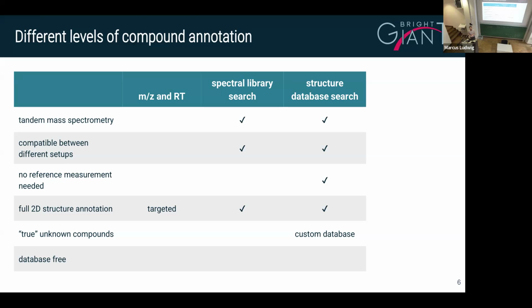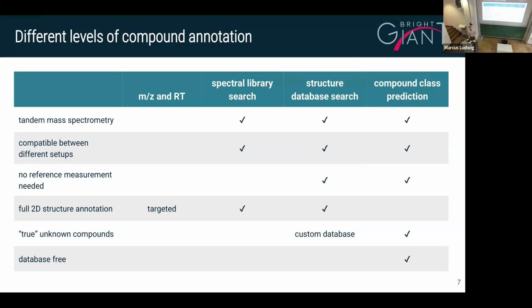And what we can also do is use custom structure databases. If you just have a structure in mind and you can draw it on a piece of paper, we can try to search it, because we just need a structure representation. And then I was talking about compound class prediction. We can predict: is something a flavonoid?